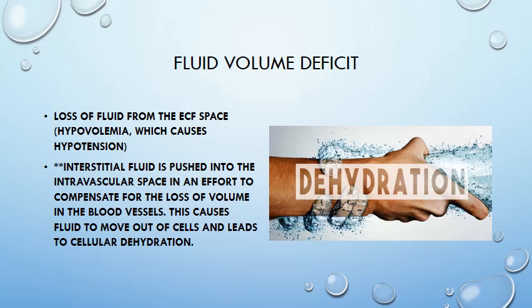So if I pull fluid from my cell, what's going to happen to my cell? Is it going to shrink or is it going to become larger? That is what is happening with fluid volume deficit. And I hope that you said the cell would shrink. All right, let's move on.